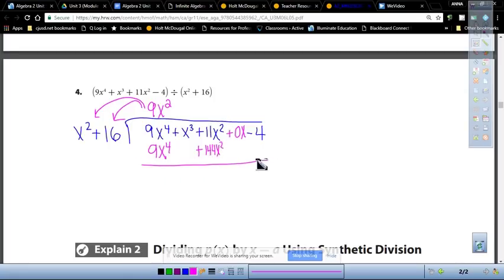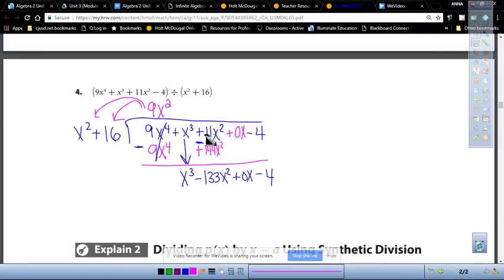So notice this will actually have a gap in here. So when I subtract, changing the sign of both of them, first term goes away, this x cubed is hanging in front. So be sure you carry that down. 11x squared minus 144x squared is negative 133x squared. I have 0 x's, and I have minus 4.